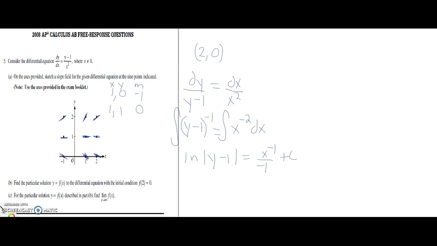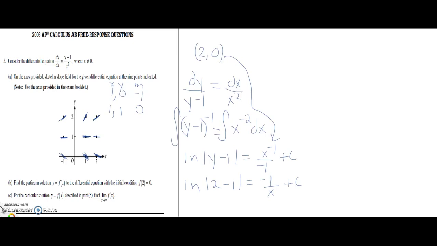Now, usually it's a good idea to take this point and plug it in right now. So now you're going to get ln of 2 minus 1, which equals, this is the same thing as negative 1 over x plus c. I'm sorry. The 2 doesn't go in there.